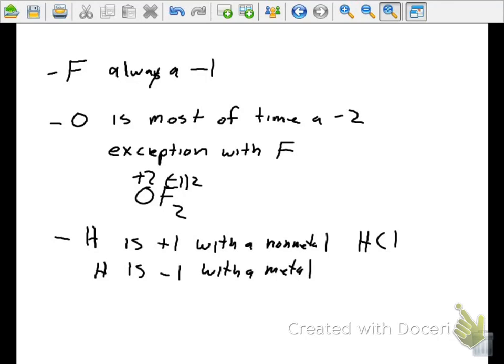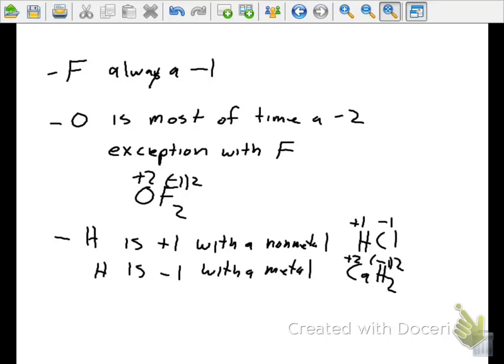There it's a positive 1, because chlorine has a higher electronegativity. And CaH2, you can see it's behind. That's going to be a negative 1 there. So it's with the metal. With a non-metal, it's a positive 1. When it's with a metal, it's a negative 1.